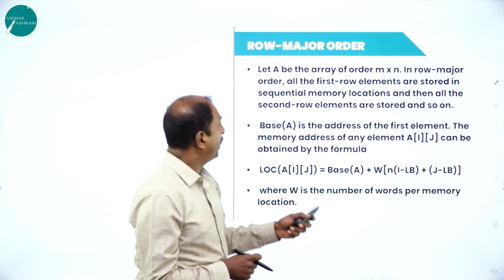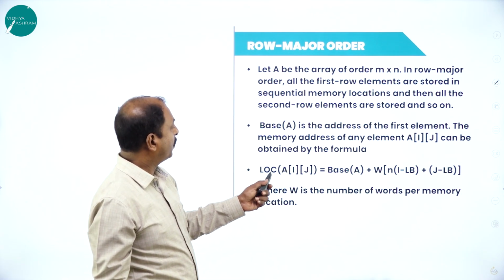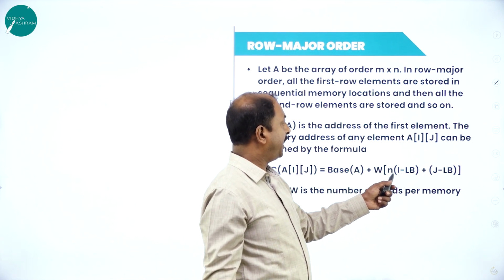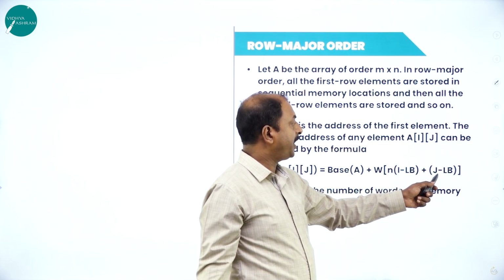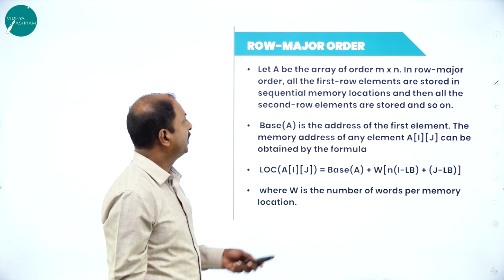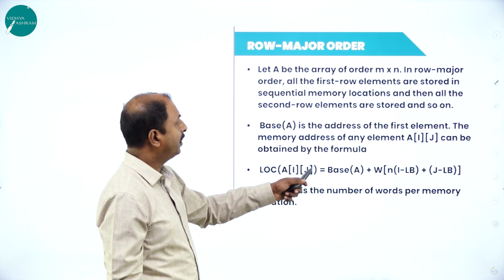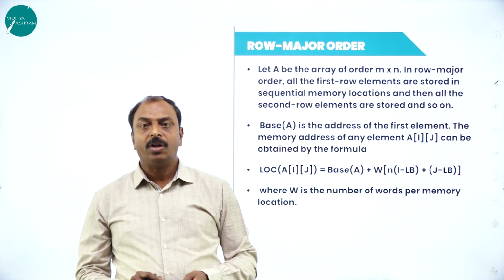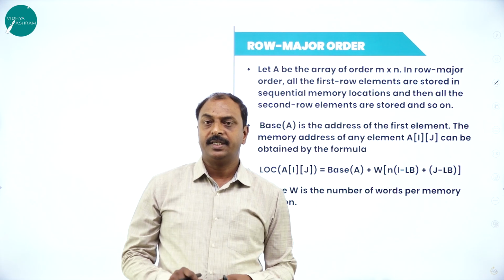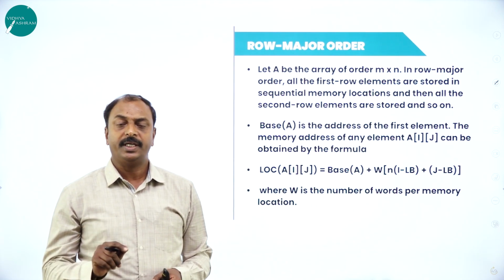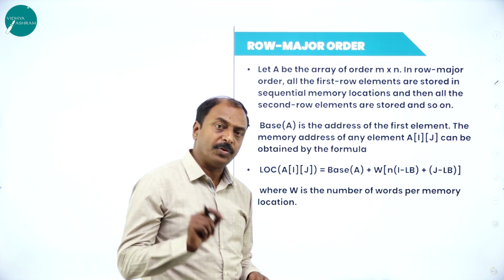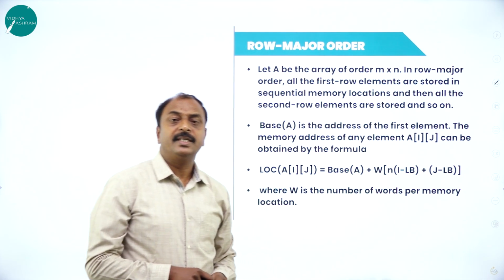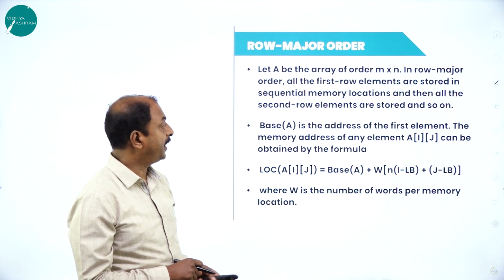This is the formula. The location of A of i comma j is base address A plus w times n into (i minus LB) plus (j minus LB). Here A is the address of the first element of the two-dimensional array, since computer memory stores the first data item first. So A is the base address, the address of the first data item of the array.